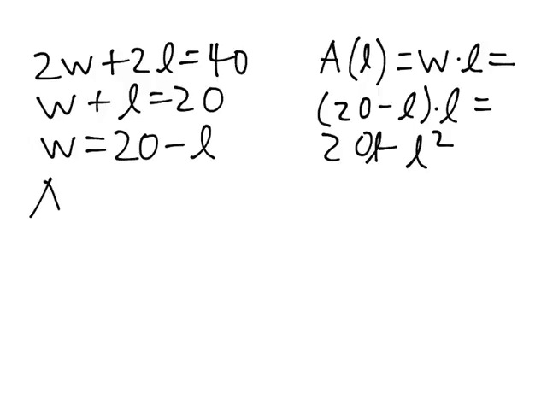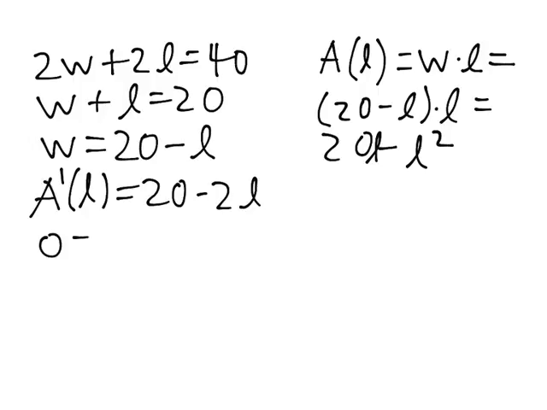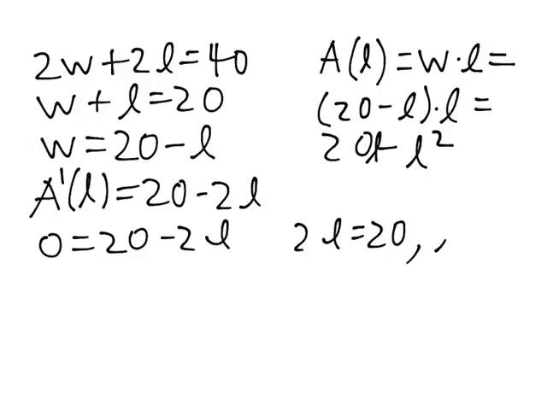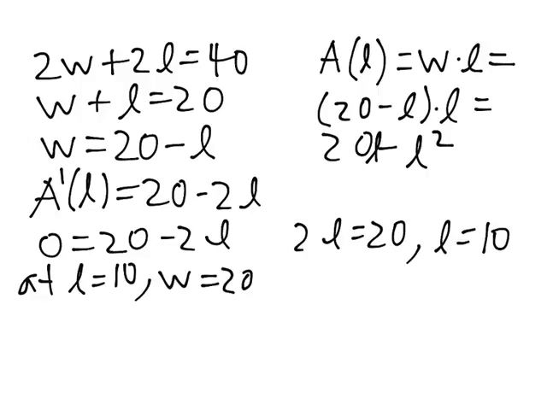So A prime of l is equal to 20 minus 2l. Setting this equal to 0, we have 0 equals 20 minus 2l, so 2l equals 20, so l is equal to 10. We know that at l equals 10, we can solve for w, as w equals 20 minus l, which is also equal to 10. So the area is equal to 100.